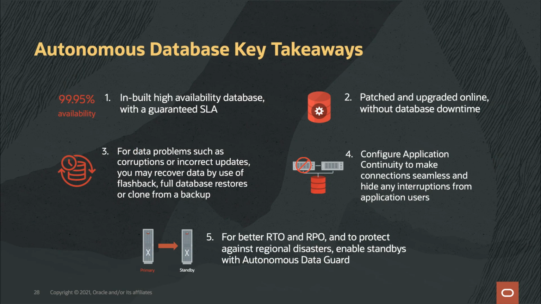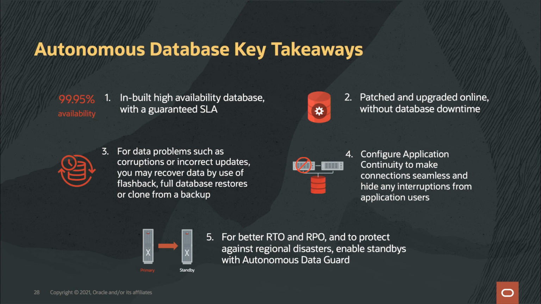And that's a wrap. This is just a little summary slide to recap what we went through today. We learned about the SLA that ADBS guarantees, the 99.95% availability. We learned about patching and upgrading that's completely online without any database downtime. We found out about Flashback and full database restores for data corruptions or any incorrect updates.